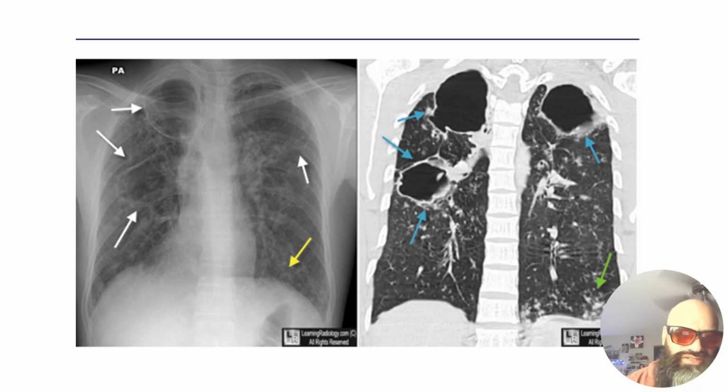We do see these cavitary lesions as well with tuberculosis. Basically, what you see here is thick white soft tissue density in the shape of a ring, and in the center has a dark air density center. These are partially filled with fluid, which creates an air fluid line within the diameter of the cavitary lesion.